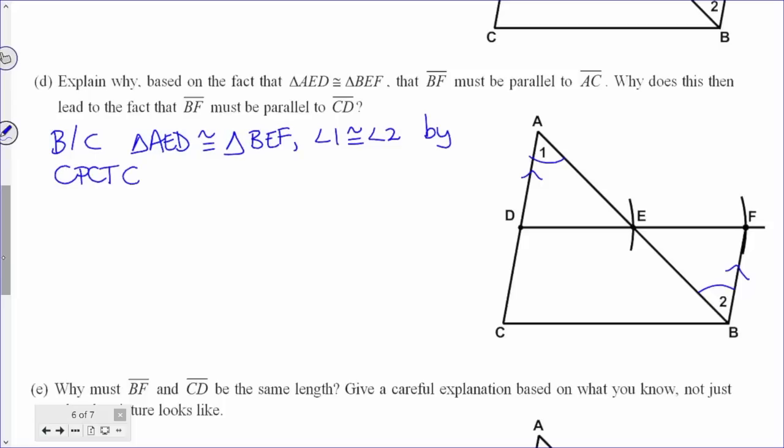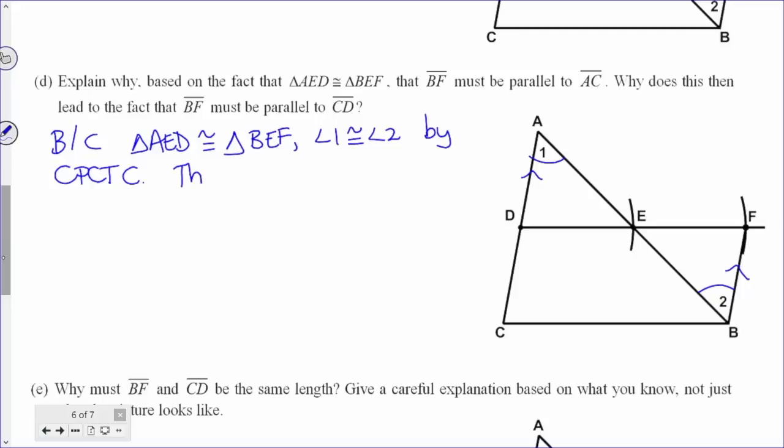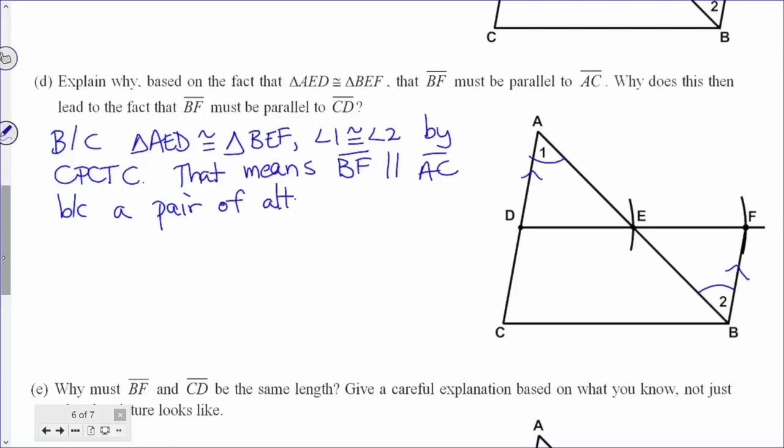Those are corresponding parts of congruent triangles, so they're congruent. But that means that BF must be parallel to AC because a pair of alternate interior angles are congruent.